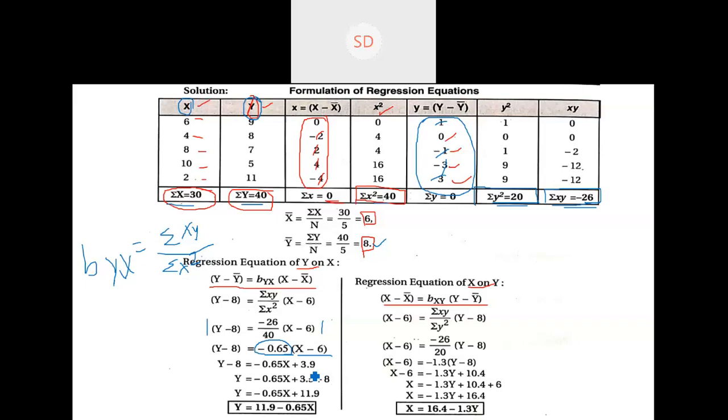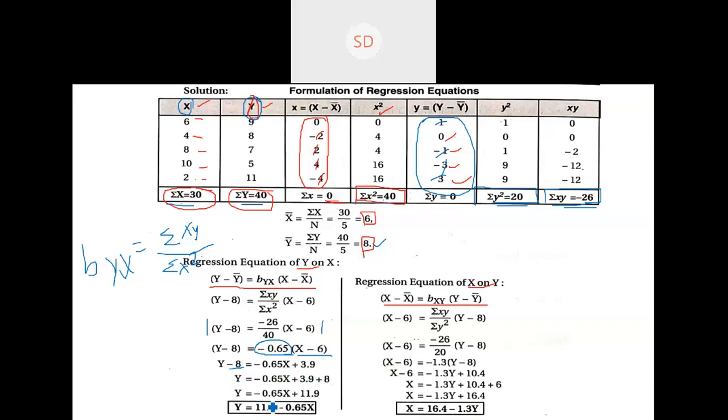Okay, so once you get this expression, now next step, you have y minus 8. Now this minus 8, if you take to the other side, will become plus 8. So y is equal to minus 0.65x plus 3.9, and minus 8 to the other side is plus 8.